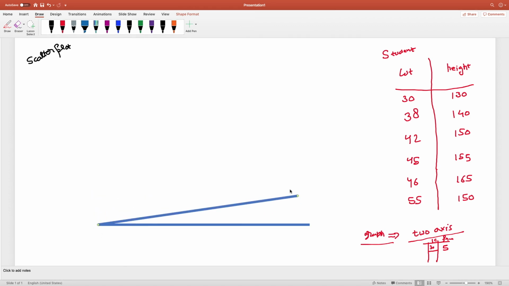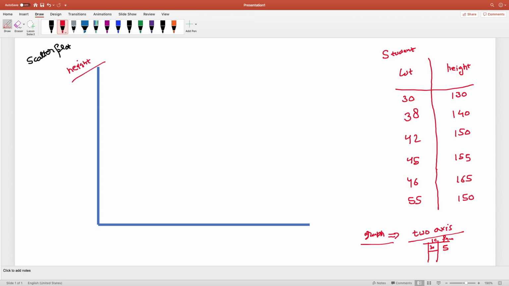I'm creating a graph here, something like this. On the top of it we have the height of the people, and here we have the weight of the people, starting from say 25. Then we have 30, 35, 40, 45, 50, 55, 60, 65, 70, 75 as well.